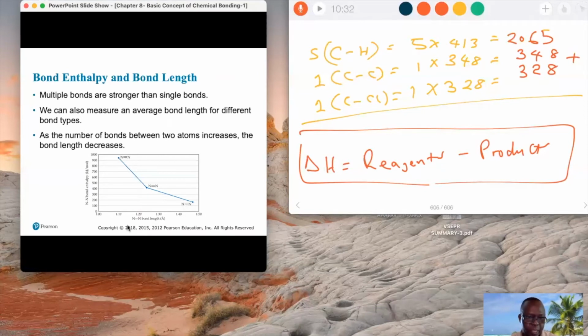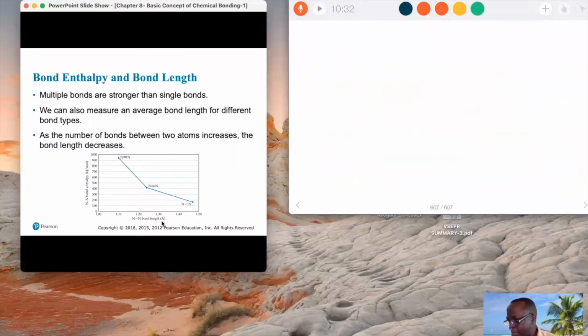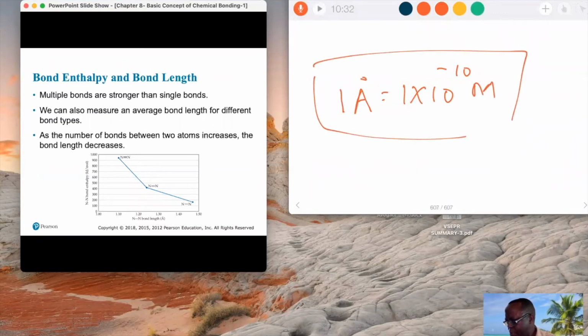This is the shortest. You see on the x-axis is the bond length in angstrom. And of course, 1 angstrom is something we looked at in measurement.